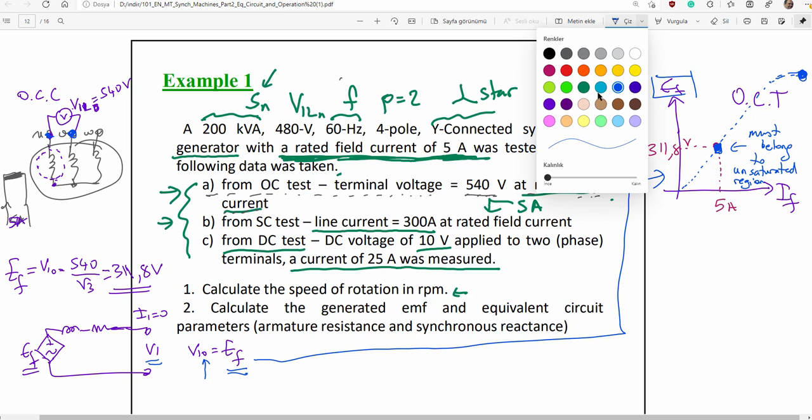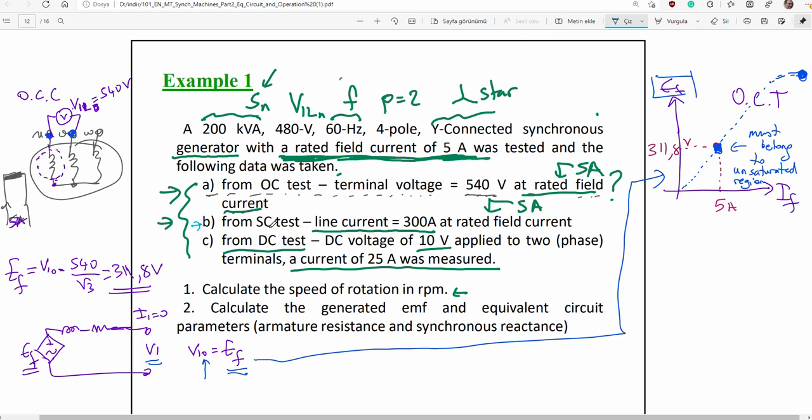In section B, from the short circuit test, line current is 300 amps at rated field current. Remember the short circuit test. Here is field current, here is line current of one phase, single phase current, excuse me.